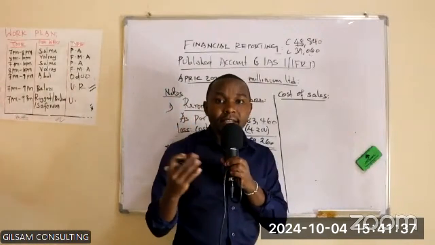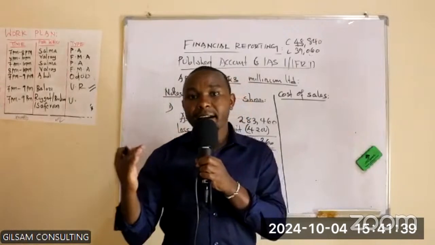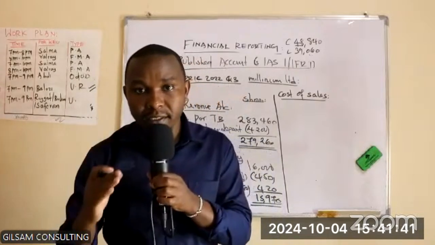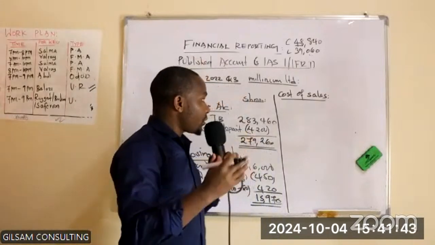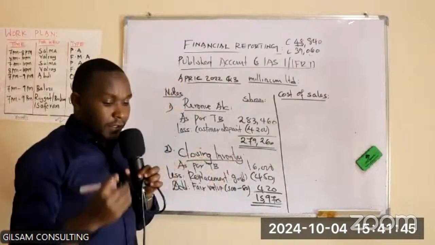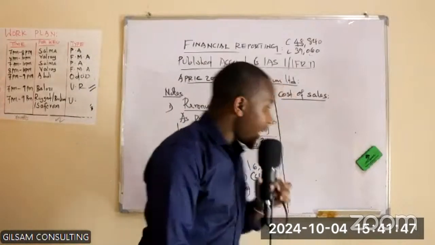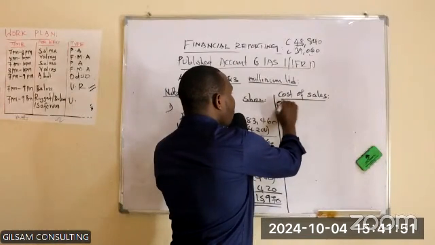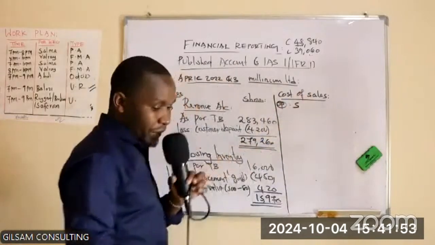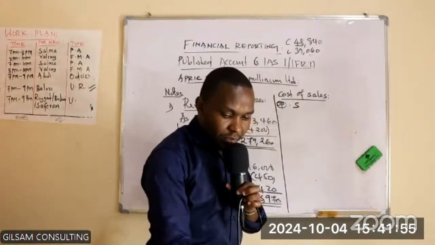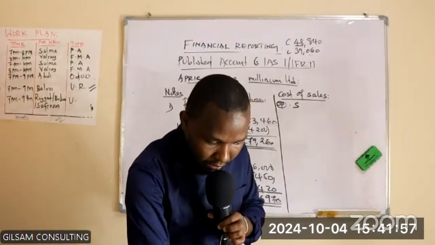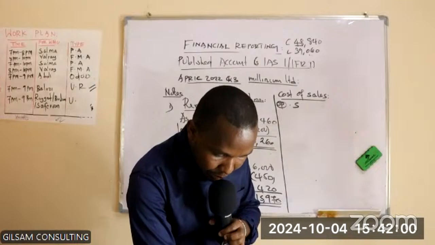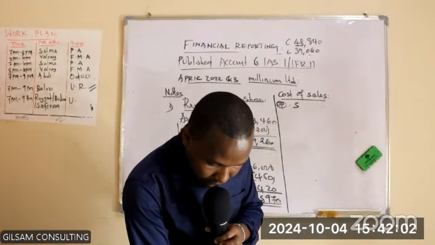We also less the closing inventory so that we can arrive at the total cost of sales. But do we have all those items I've mentioned? Let's look at it. So we have the opening inventory, I can write OC, standing for opening inventory. Go to your trial balance. We have the value there.